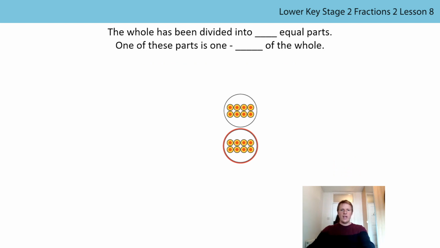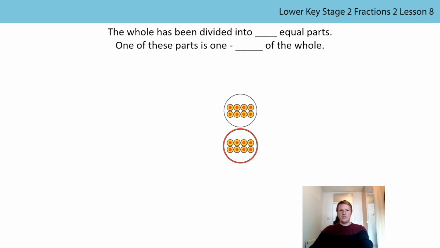So the first way that we could divide these 16 counters is like this. Here I can see how many groups I've got. I've got one group on top and one group below, so there are two groups, two parts. We need to check that they are equal in size. This group has got 8 objects in, this part has got 8 objects in, so we can say they are equal.